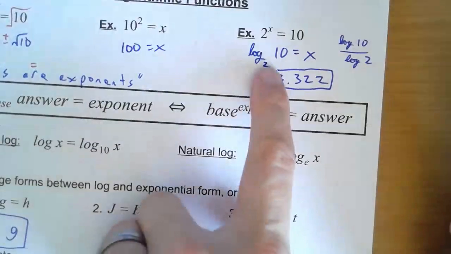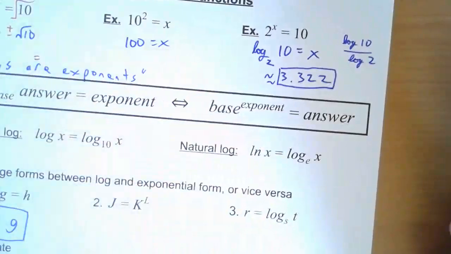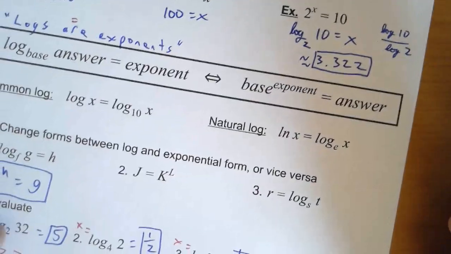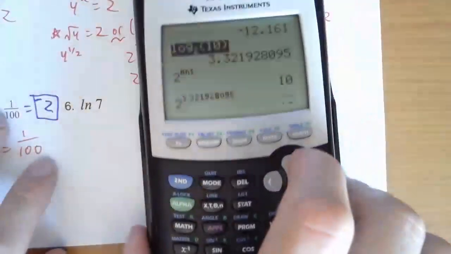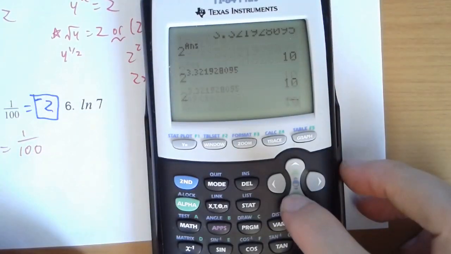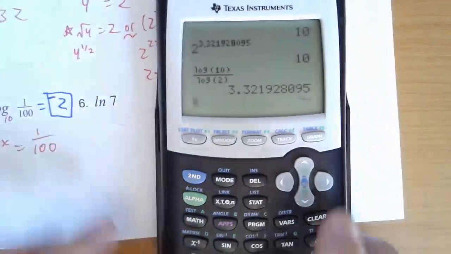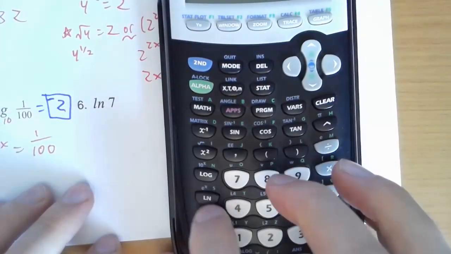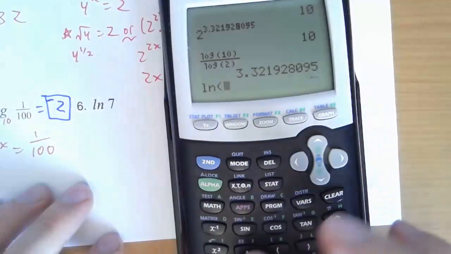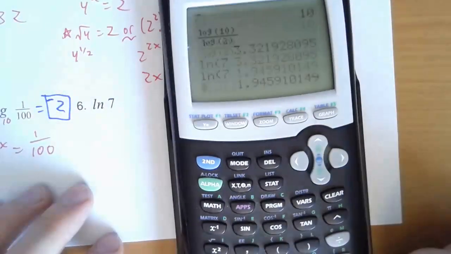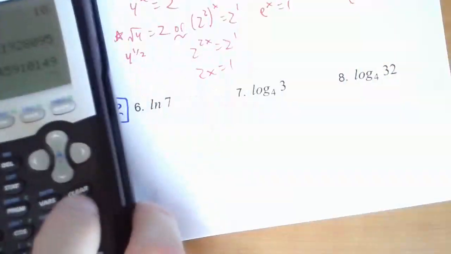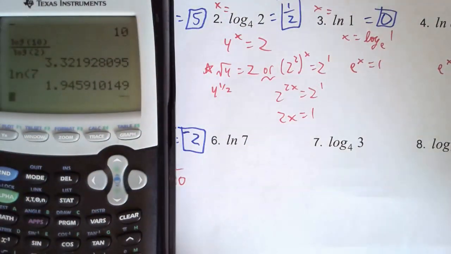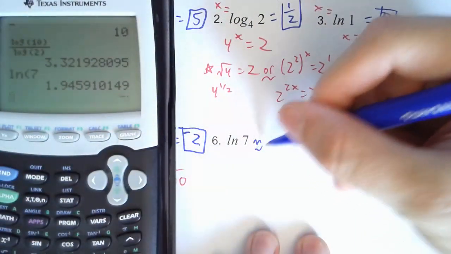The whole point of logarithms is to find unknown exponents, exponents that would be hard to find otherwise. So we could use this ln button. There's 2 logs built into your calculator over here. So you can use the ln button for this, ln of 7, and find that that's 1.946 approximately.